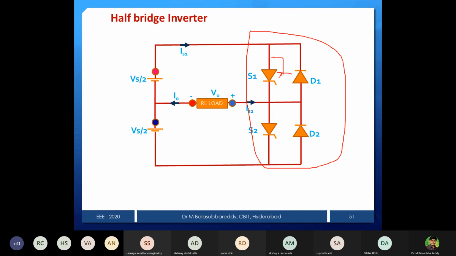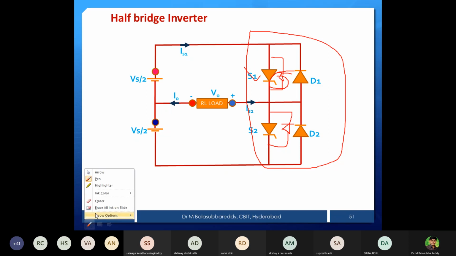This way you can also represent it, instead of drawing the leg separately. Now with the latest devices like IGBT, with the inbuilt switch, this one we call a switch, and this is a diode, so nowadays devices have the diodes built in.